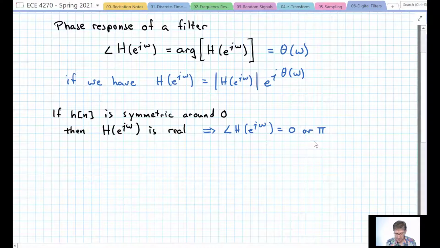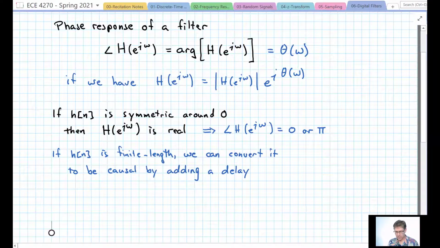Well, if a signal is symmetric about 0, then it's going to be non-causal. It'll have an equal number of positive and negative samples. And so, in general, we don't like using non-causal filters, but this whole idea of zero phase is really appealing, and so we want to figure out if there's a way that we can have the advantages of a zero phase filter while maintaining causality.